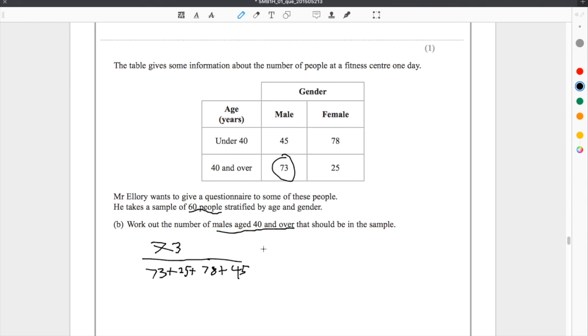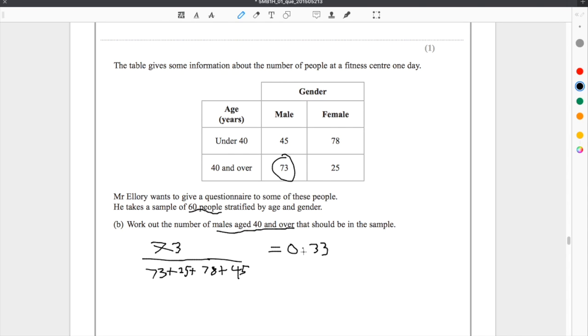We add all those together and type that into our calculator, and that gives us approximately 0.33. Leaving the full number in the calculator, we don't want to lose any accuracy.